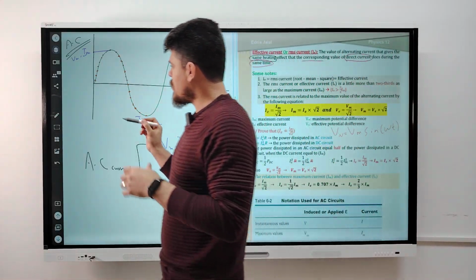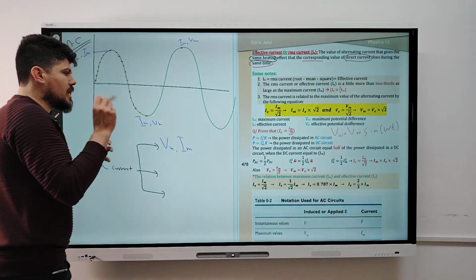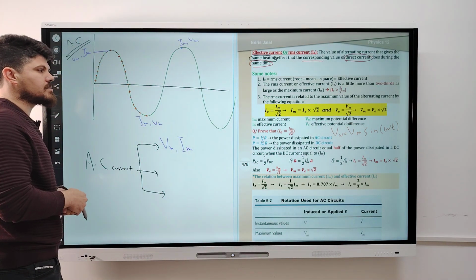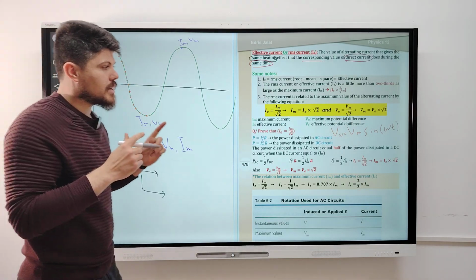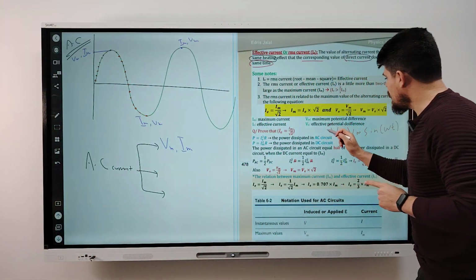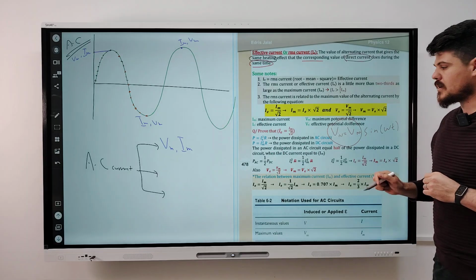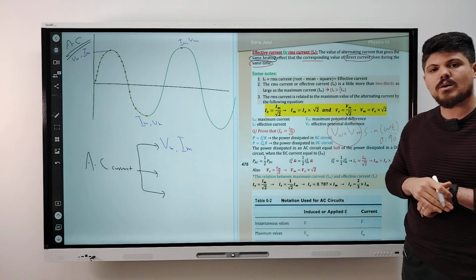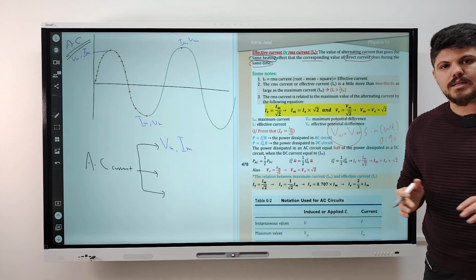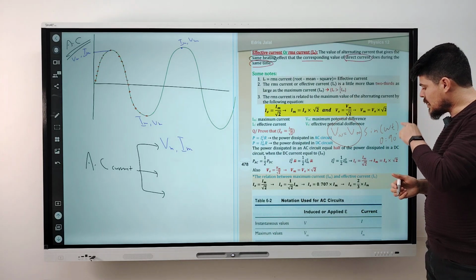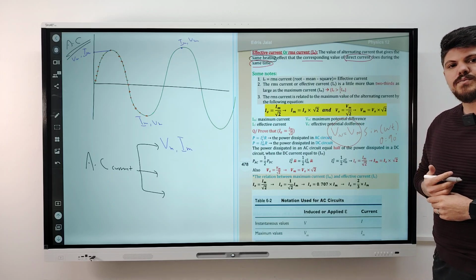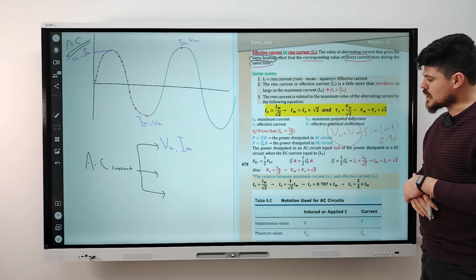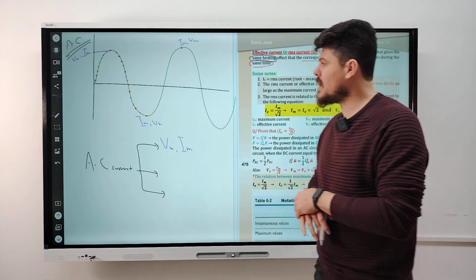Is it possible for the instantaneous value to have the same magnitude as the maximum? Yes. When is V instantaneous equal to Vm? When the angle is 90 degrees between the plane of the loop and the magnetic field, because the orientation of the coil is very important to change the magnitude of the instantaneous value.